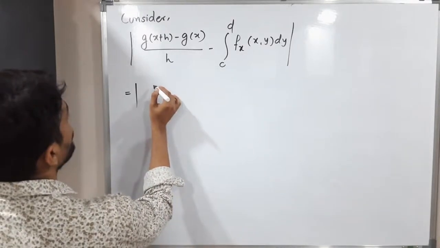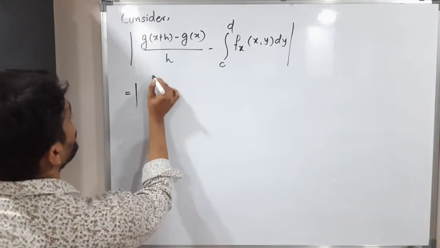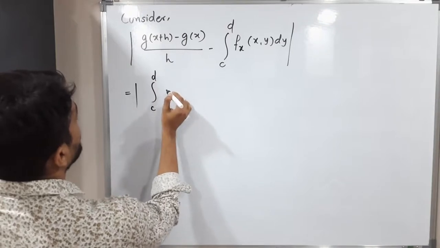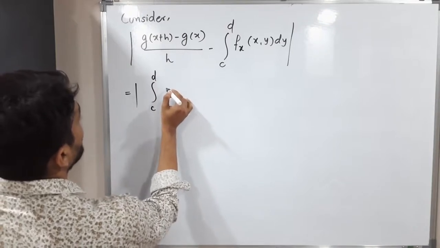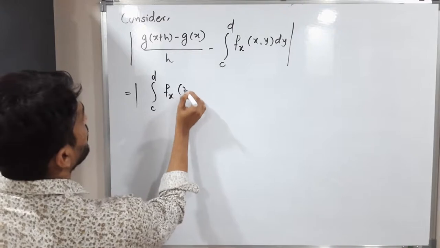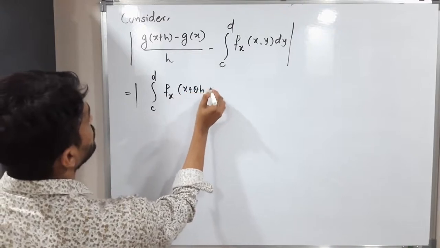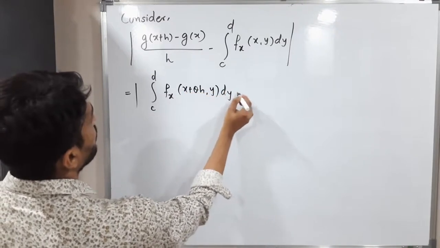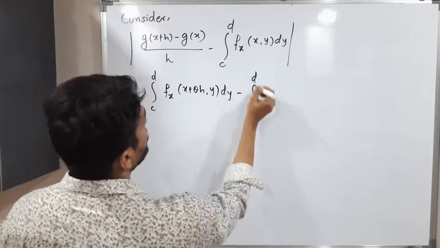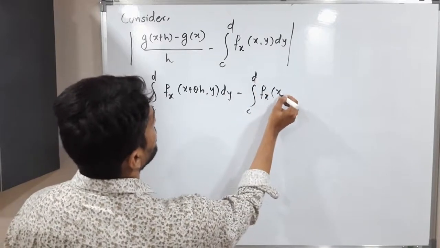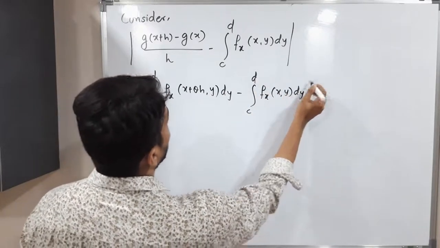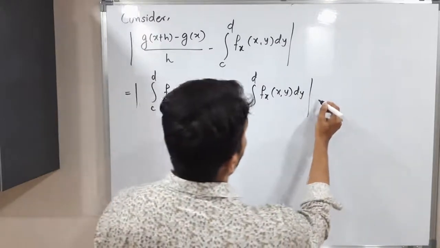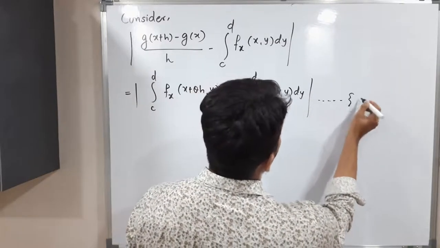So let me mention: integration c to d of f_x (x plus theta h, y) dy minus integration c to d of f_x (x, y) dy. We already have this, from 2, I think.